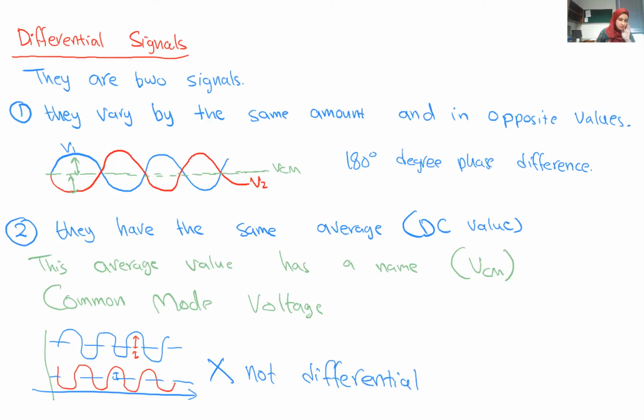Okay, now let's continue. We can represent these signals with sine waves. V1 of t will equal V0 sine omega t plus VCM.